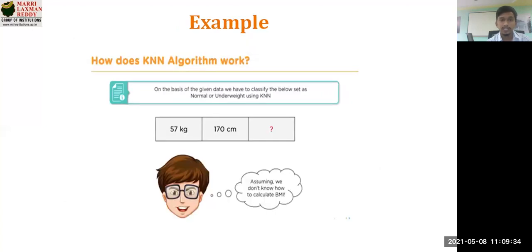Now, on the basis of the given data, we have to classify the below data as normal or underweight. Here we are given a new data point, x1, y1: a person who weighs 57 kgs and whose height is 170 centimeters. Let's first look whether this value is available in our data set or not.